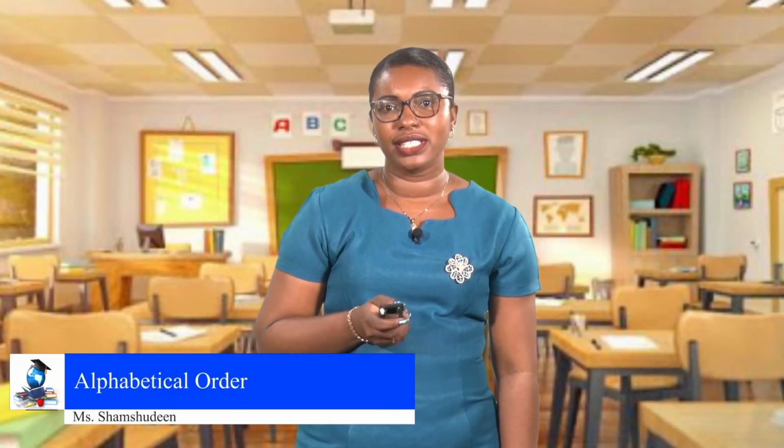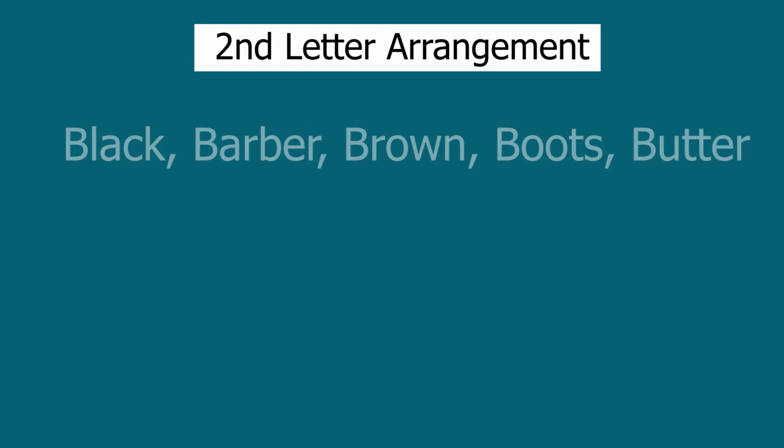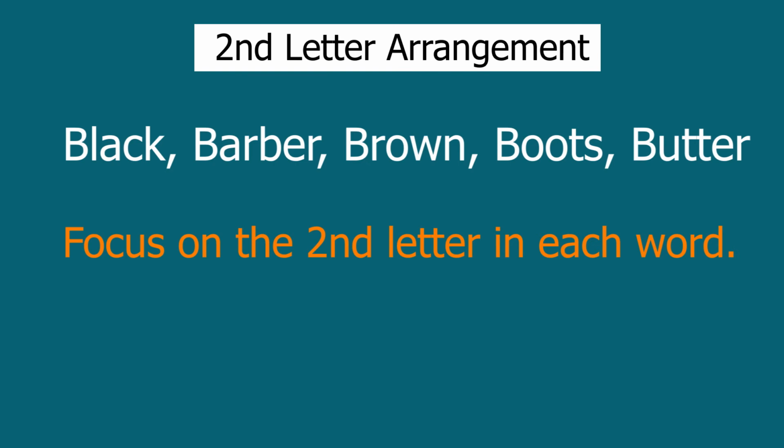Let's try arranging these below. The words we have are black, barber, brown, boots, butter. Black, barber, brown, boots, butter. Again, here we can see that all the words begin with the letter B. So we have to focus on the second letter in each word.